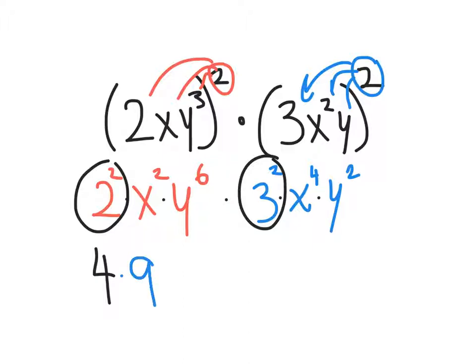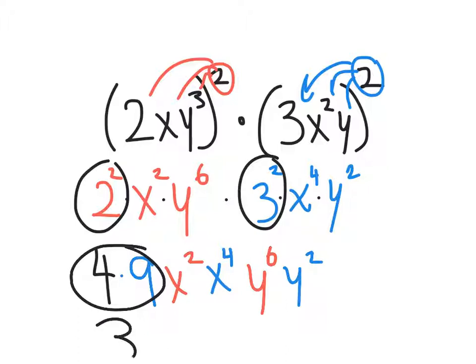And then I'm going to take the x squared that's above and just bring it down. And I'm going to take the x to the 4th that's above and bring it down. And then I'm going to take the y to the 6th that's above, bring it down, and the y squared that's above and bring it down. And then your final answer, 4 times 9, 36, x to the 6th, y to the 8th.